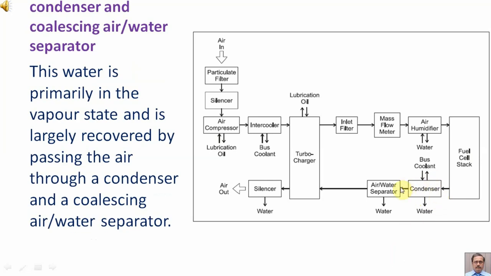This water is primarily in the vapor state and is largely recovered by passing the air through a condenser and a coalescing air water separator.